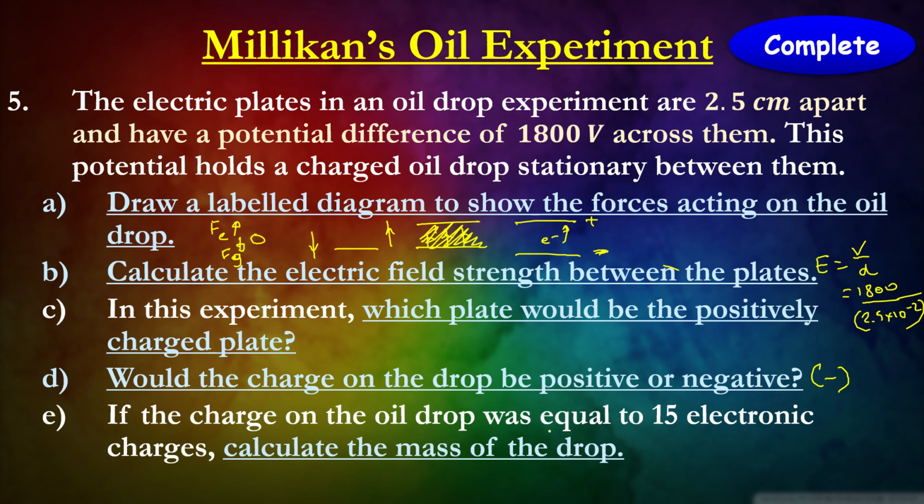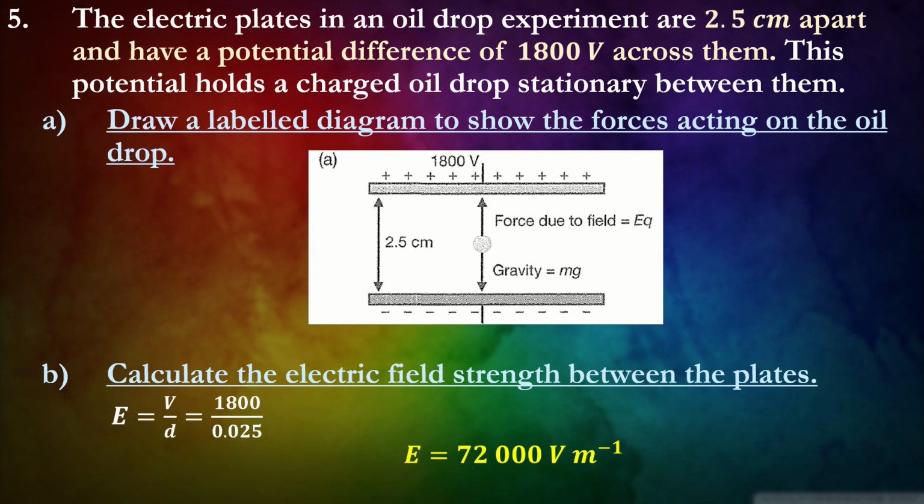If the charge on the oil droplet was equal to 15 electronic charges, calculate the mass of the drop. Okay, so for that one we are equating this equation that we found earlier. We have the charge value, 15 times that, and then rearrange.